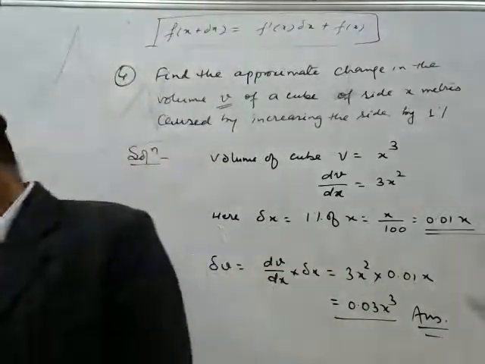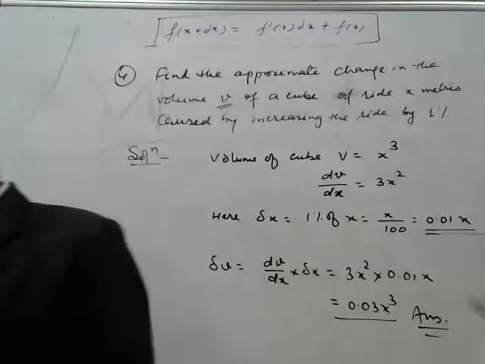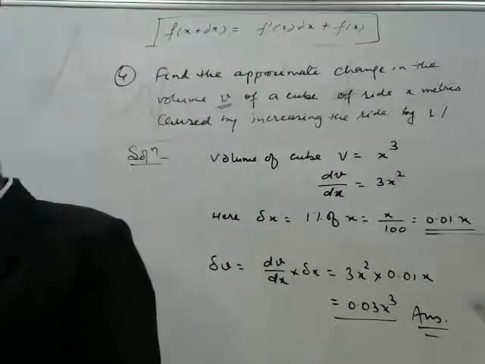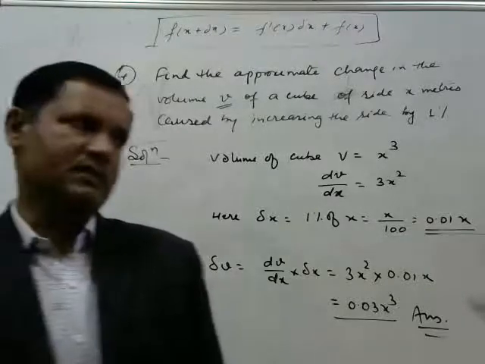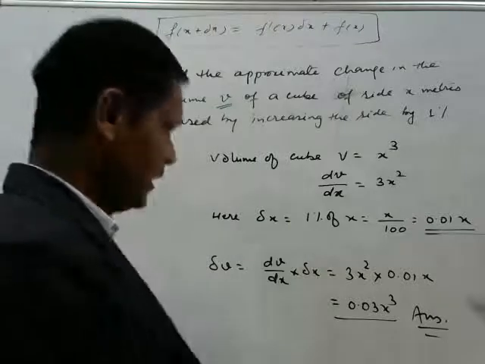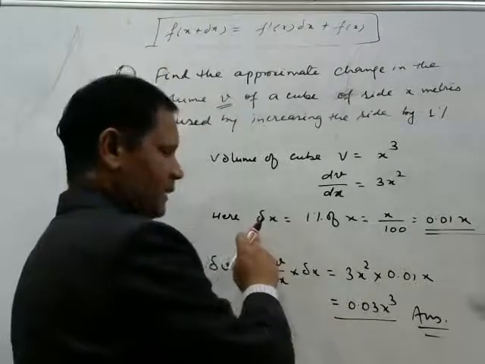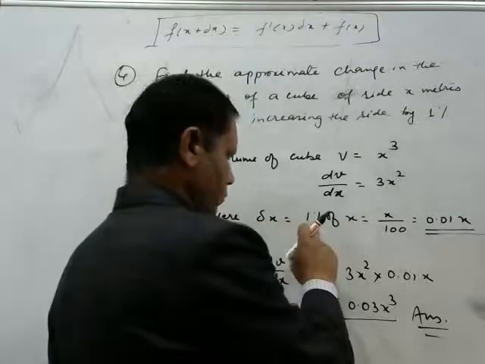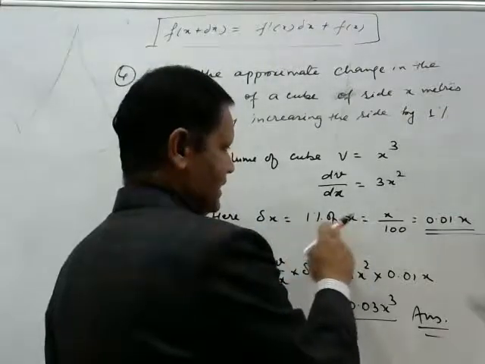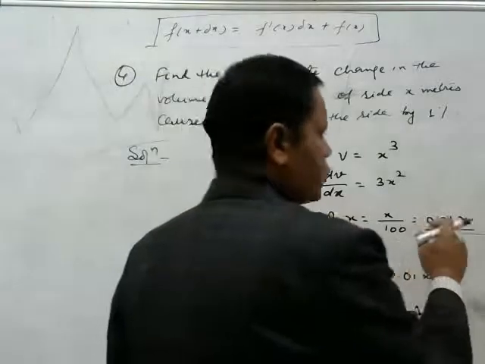Similarly, if I go for question number 5, find the approximate change in the surface area of a cube of side x meter caused by decreasing the side by 1%. When it is decreasing, simply I will write minus delta x, which is minus 1% of x, that I will get here minus 0.01x.